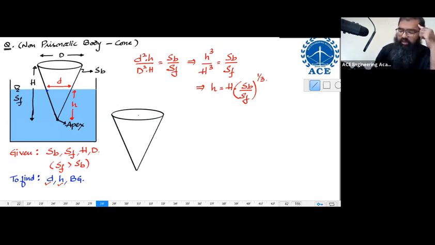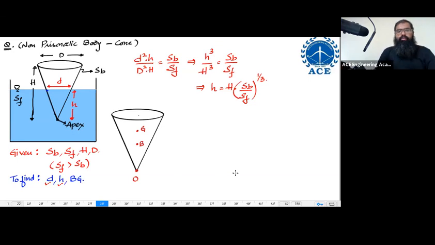Suppose somewhere over here I have the point G, and somewhere over here a point B. Let us say the apex I'm representing by O.